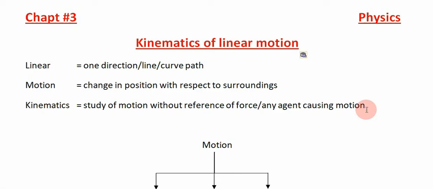So the walls of that room are the surrounding of that person, which gives him a concept about the changing of position with respect to the walls. So walls are the surrounding which give an idea about the changing of position of any person.